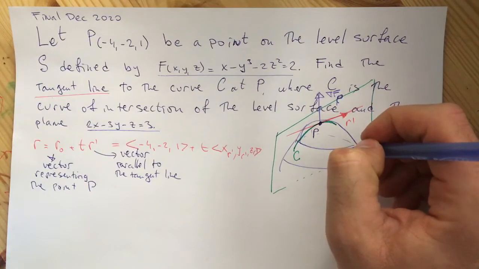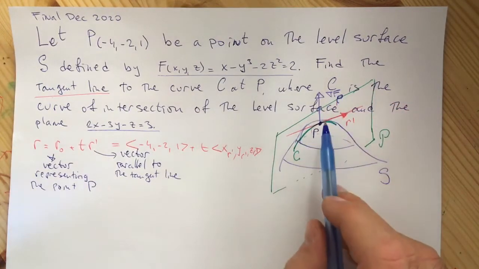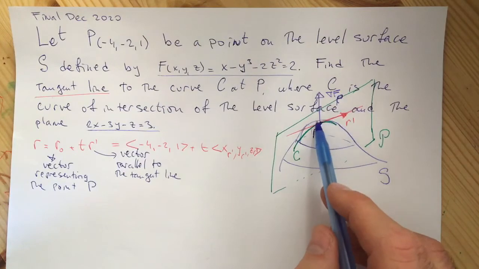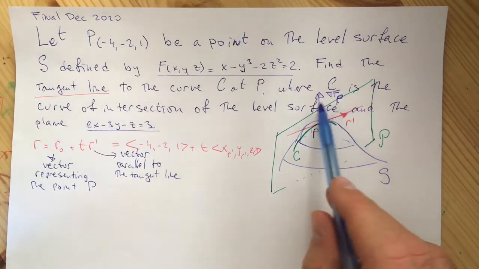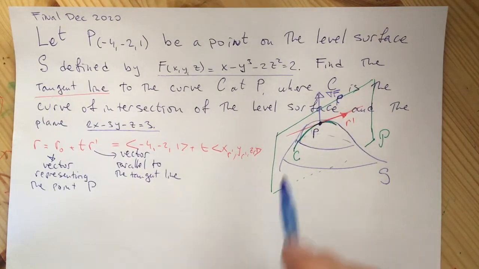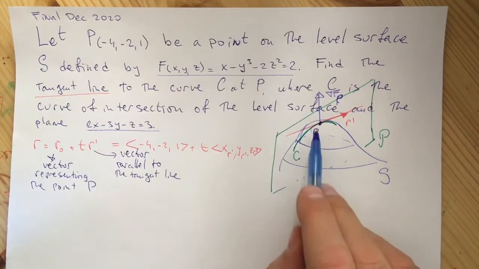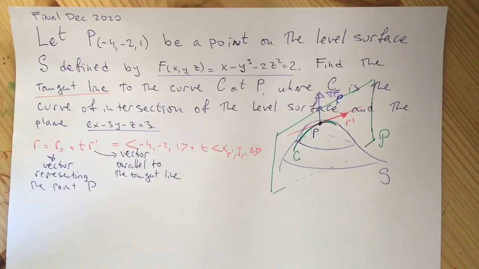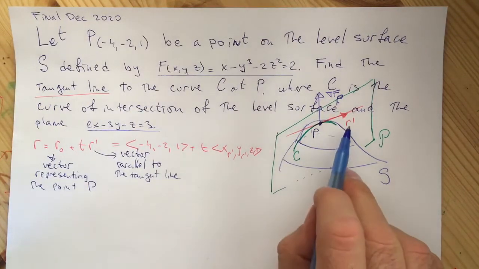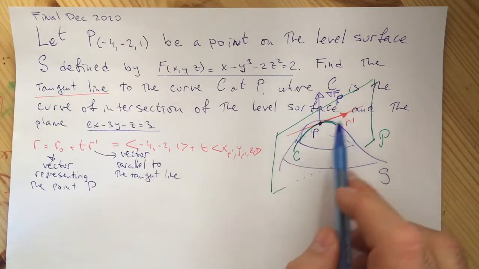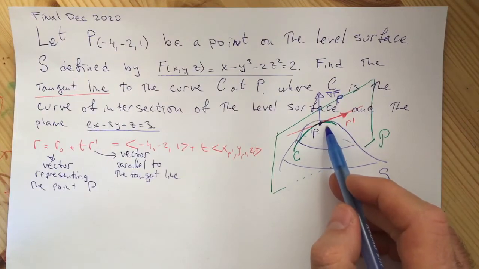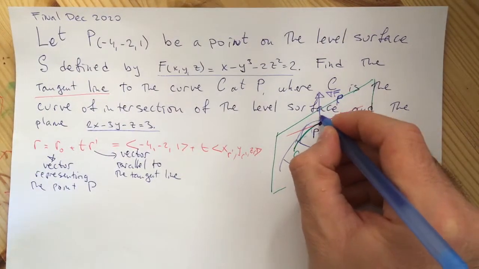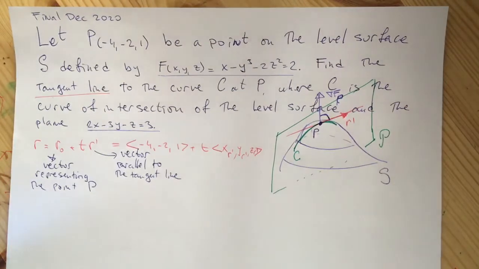This gradient is normal to the tangent plane of the surface S at the point P. That means that r prime, this tangent line, belongs to the tangent plane, which means that these two vectors are orthogonal.